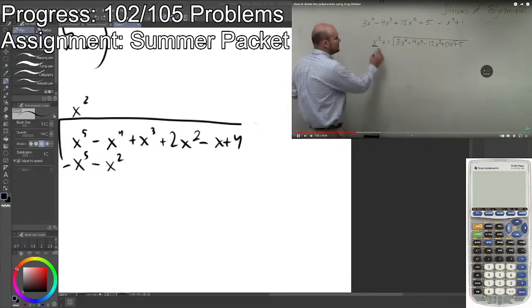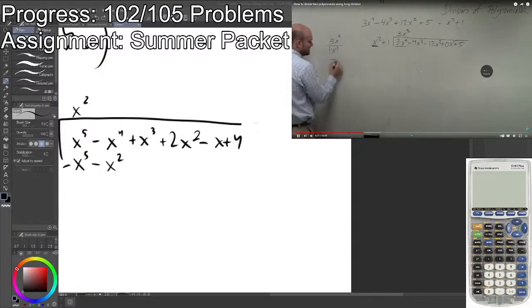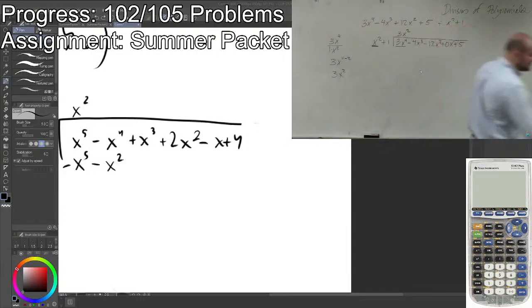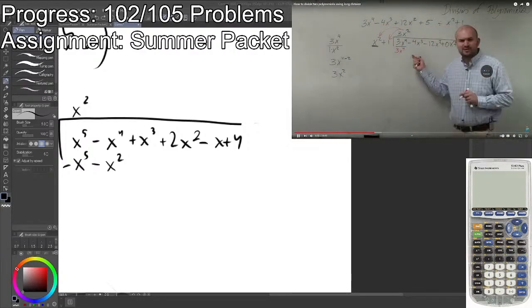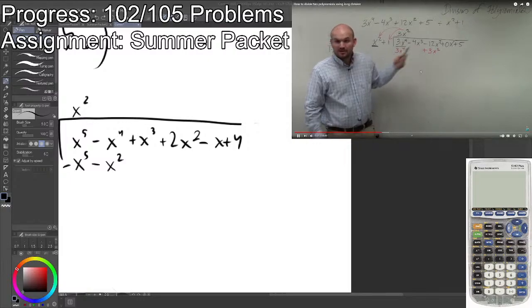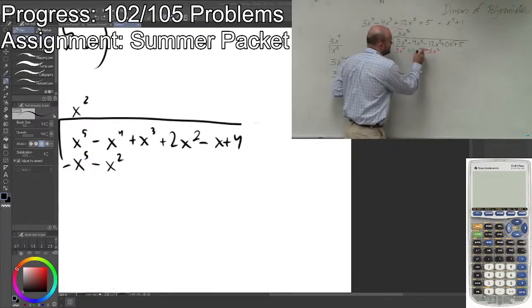So you divide 3x to the 4th by x squared to get 3x squared. Then you take your quotient and multiply. I'm going to use 0 as a place value.